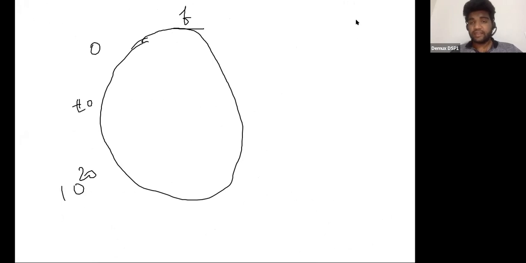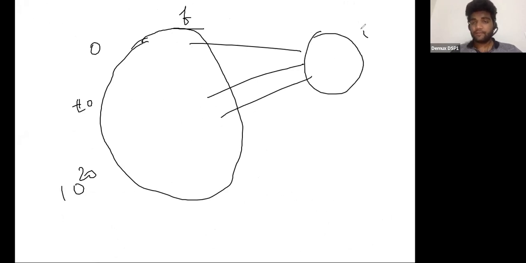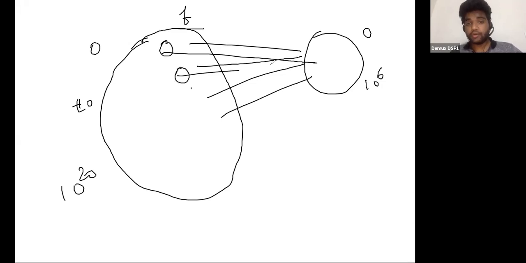So this function takes elements from this range and maps it to a smaller range, let's say 0 to 10 to the power 6. Correct? So naturally you will have different numbers here mapping to the same location. That's very natural, right? Because this is bigger compared to this.